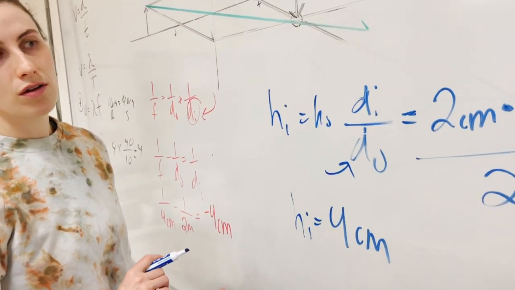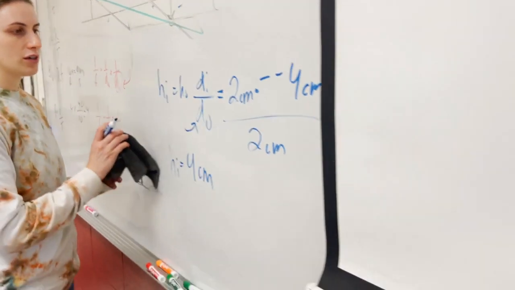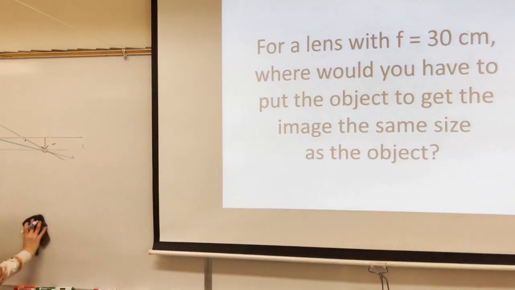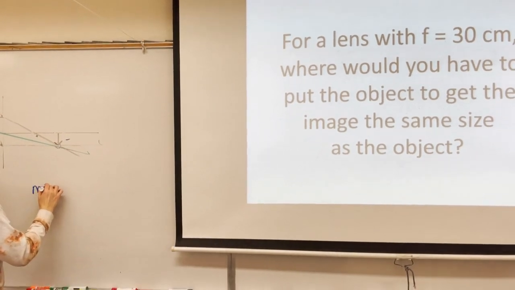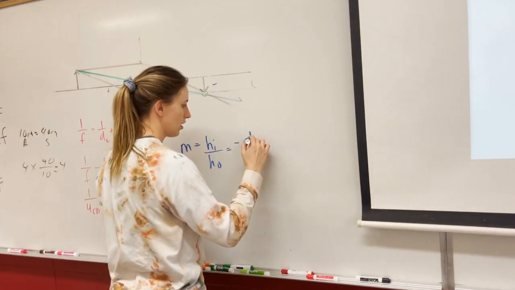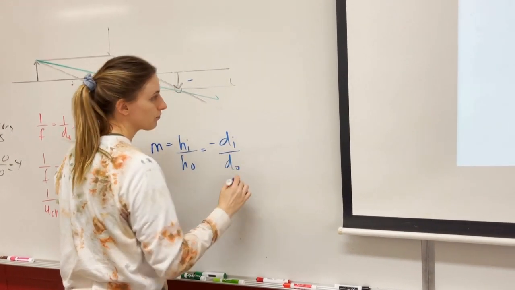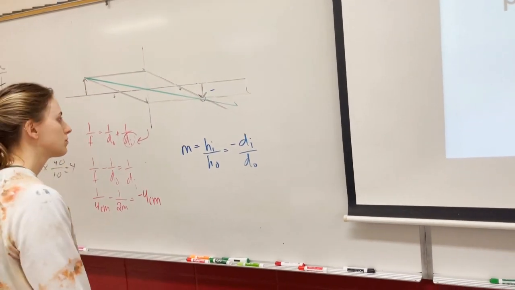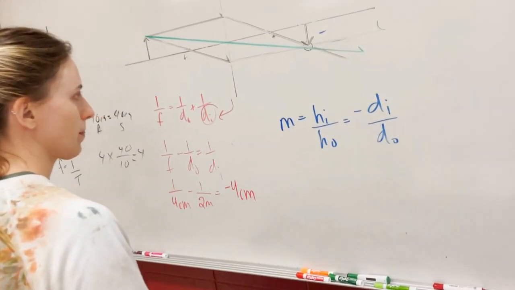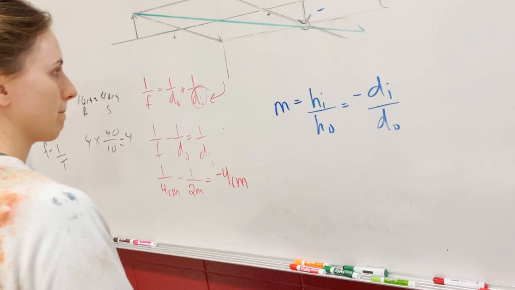So let me write out the equation. The magnification equals hi over ho equals di over do. So what this means is the distance to the image is going to be the same as the distance to the object.